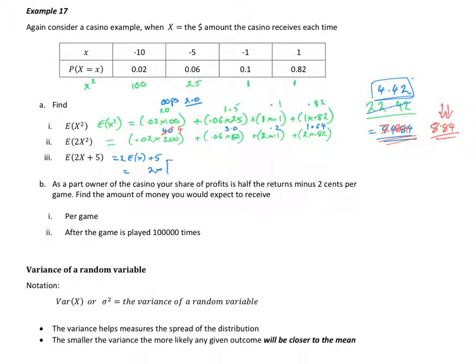E of x is just 0.02 times 10 plus 0.06 times negative 10 and negative 5, I should say, 1 times negative 1, 1 times 0.82, which I think was 0.2. So that becomes 2 times 0.22 plus 5, which is equal to 5.44.